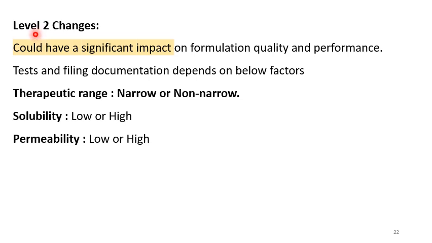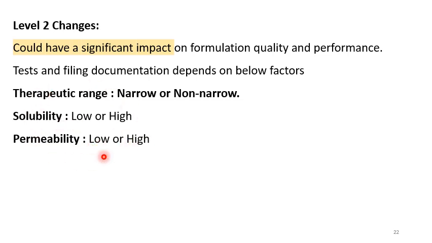Then coming to the level 2 changes. These level 2 changes could have significant impact on the formulation quality and performance. And the test and the filing documents requirements depend on these three factors: therapeutic range, whether the API is narrow or non-narrow therapeutic index, solubility is high or low, and permeability is low or high.